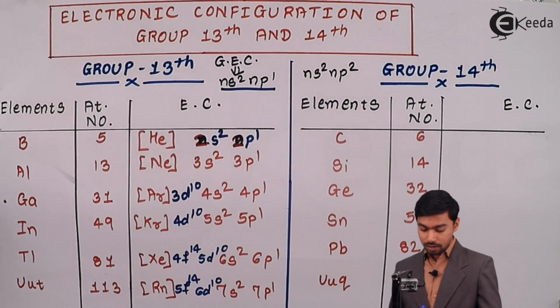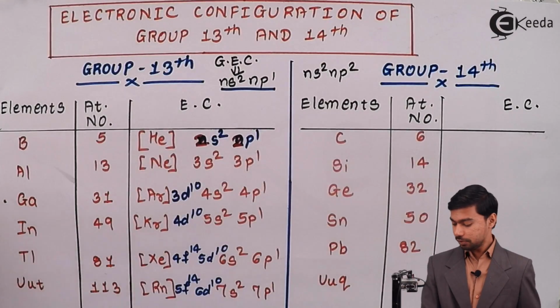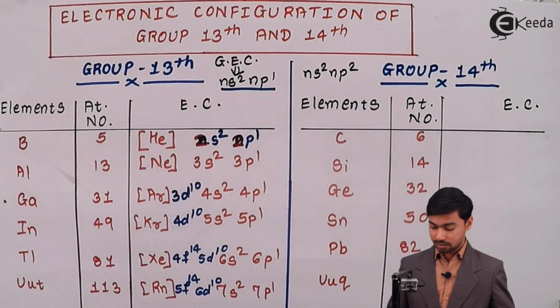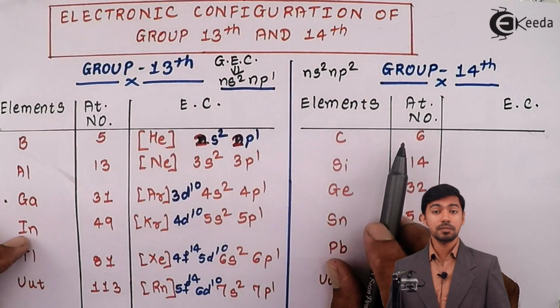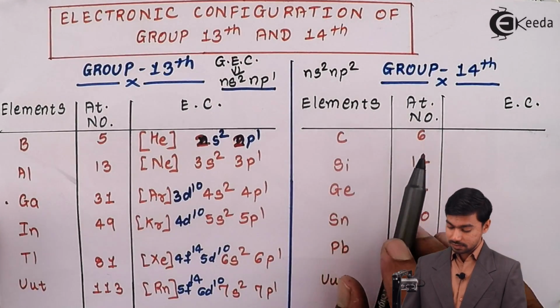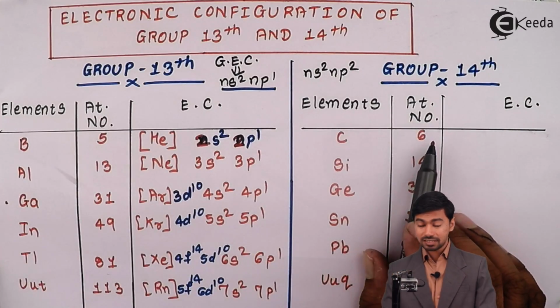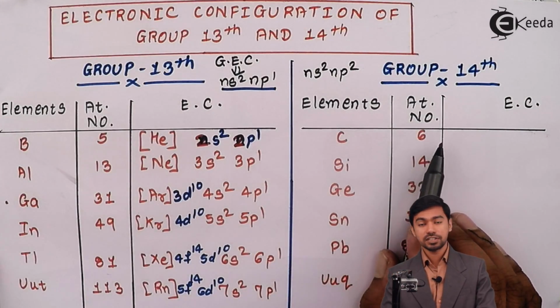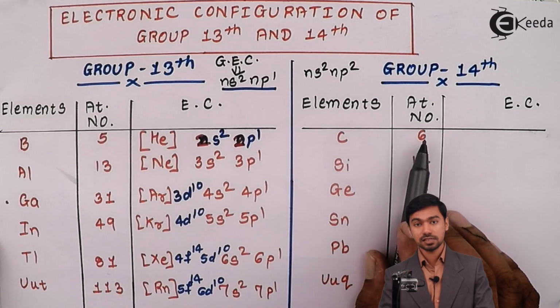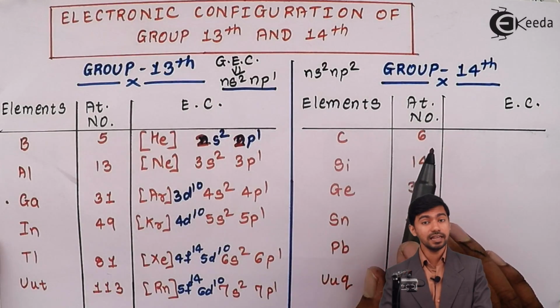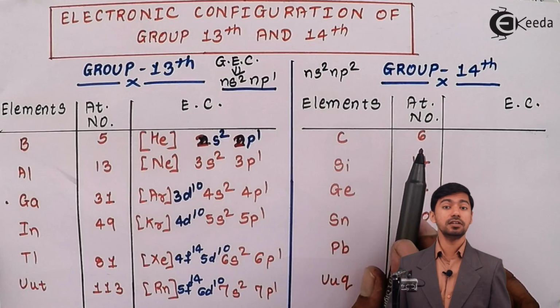Let us see now. In the case of group 14, the first element is carbon. Carbon has atomic number 6. So 6 electrons are there to be configured. Now which is the inert gas which can produce an inert core for this 6? Yes, there is helium which has atomic number 2.